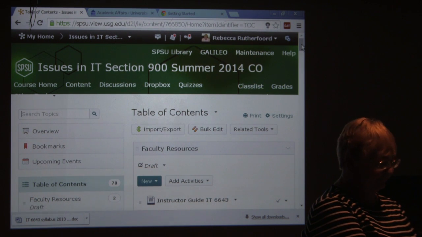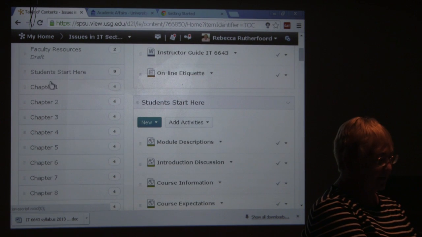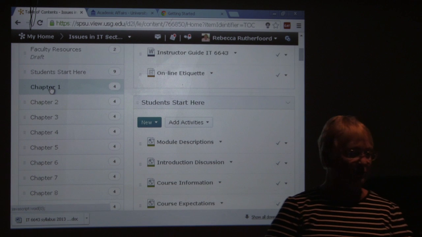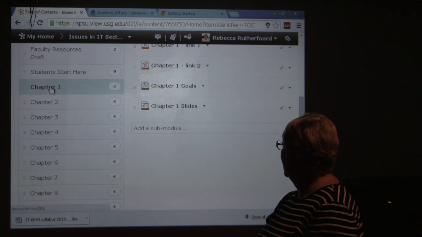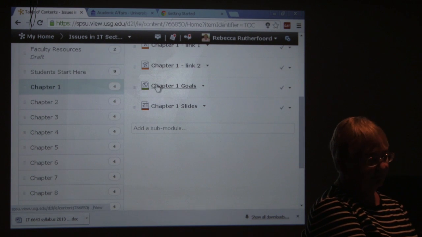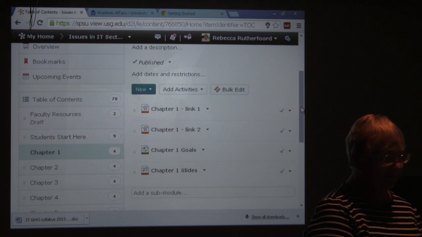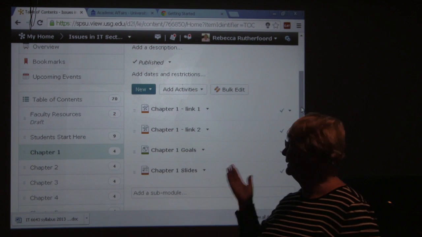In addition, each one of the modules, each one of the chapters, and we'll go out to our first chapter so you get an idea of what we'll be looking at. You'll see that we have primarily 4 to 5 things under each module and each chapter. You're going to see links.